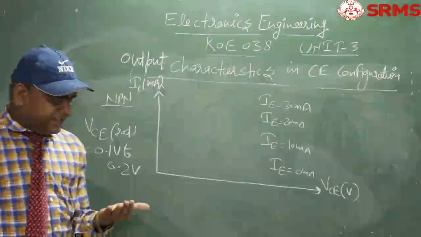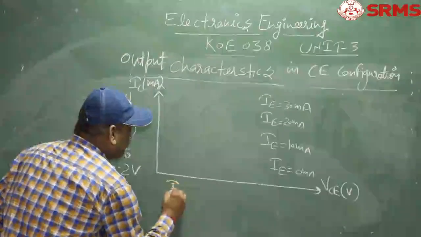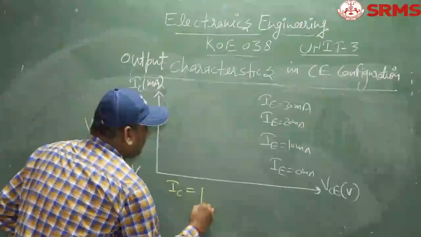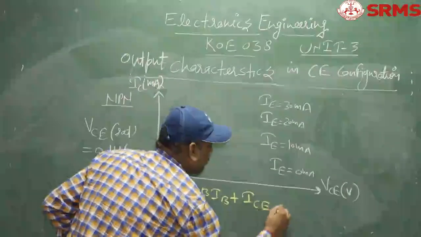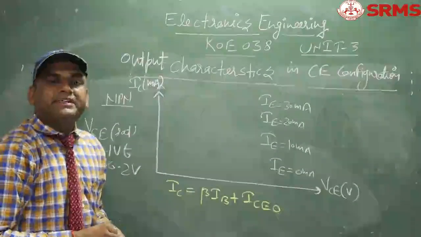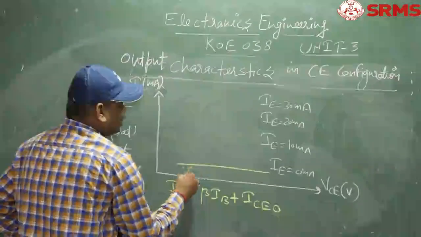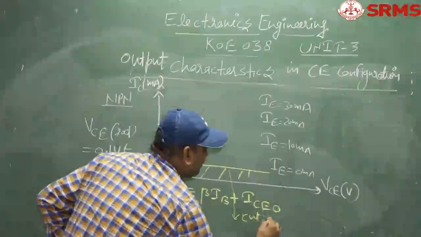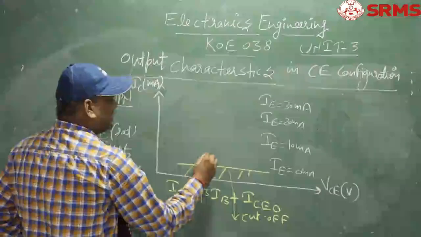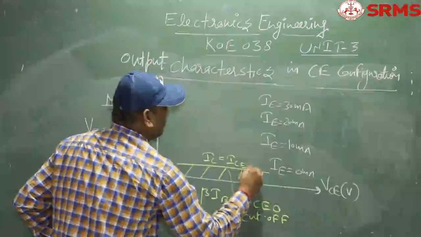For the active region, IC is approximately equal to IE, and it is well known to all of us that IC is equal to beta times IB plus ICEO for the common emitter configuration. If IB is equal to 0, that region is known as the cutoff region. So here IC is equal to ICEO.